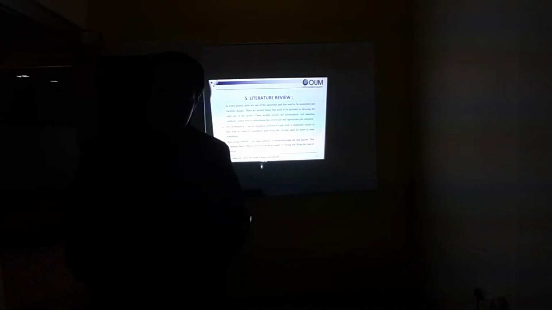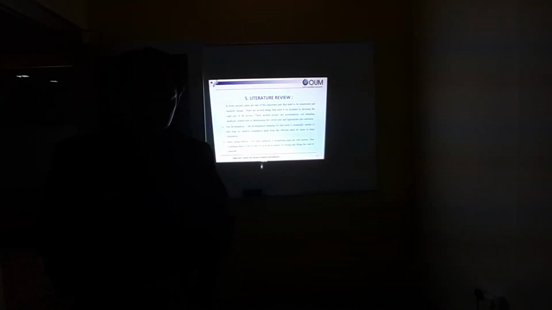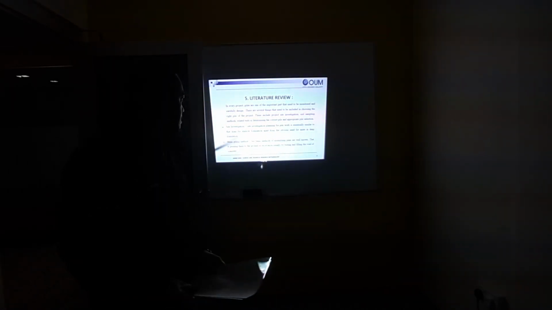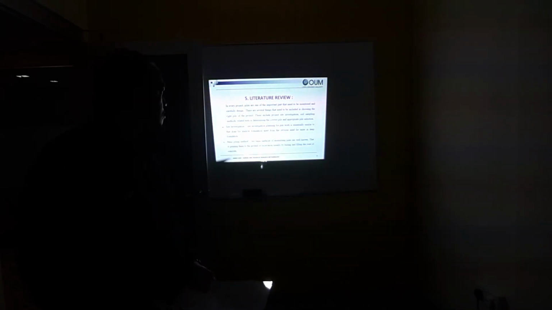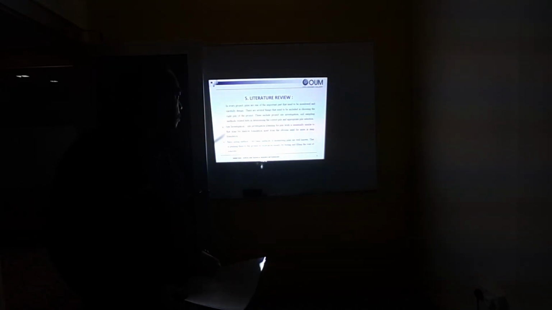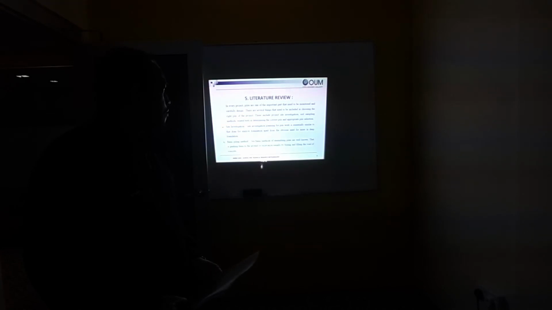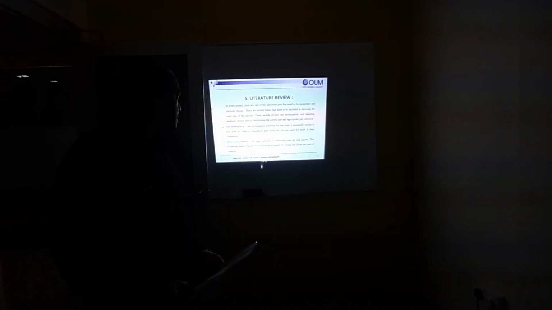This includes site investigation, soil sampling method, load test in determining the correct pile, and appropriate pile selection. A. Site investigation. Site investigation planning for pile work is essentially similar to that done for shallow foundations, apart from the obvious need for more in-depth investigation.